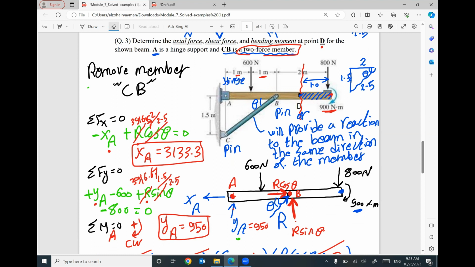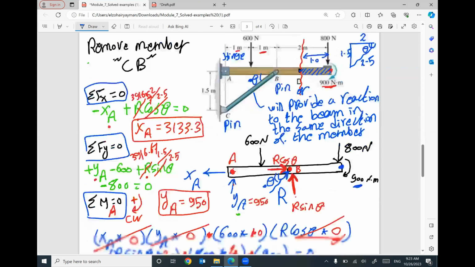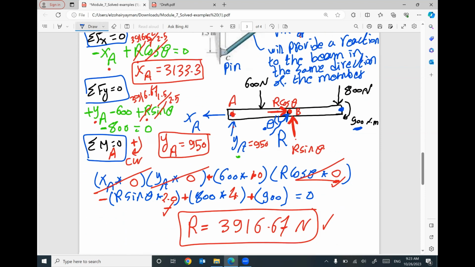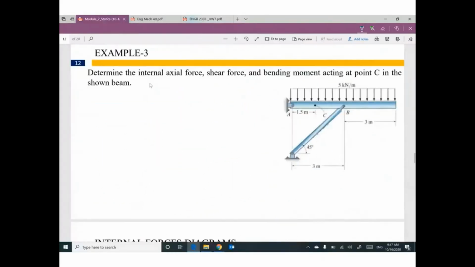You can remove it and put one reaction R in the same direction of this member, exactly the same direction. This is the reason why this angle is the same as this angle for the member. Then I can start and apply my equilibrium equations, summation f of x, summation f of y, and summation moment, so you can find out your reactions.